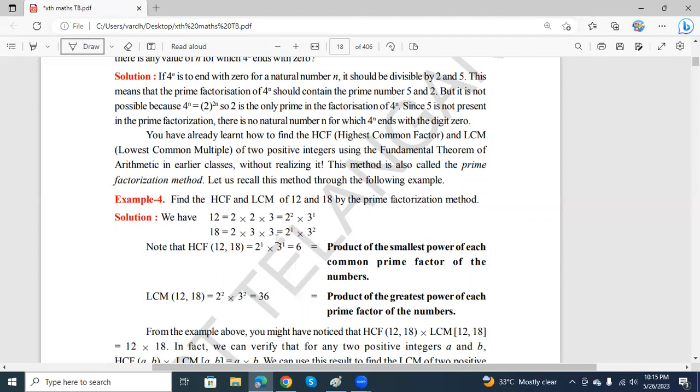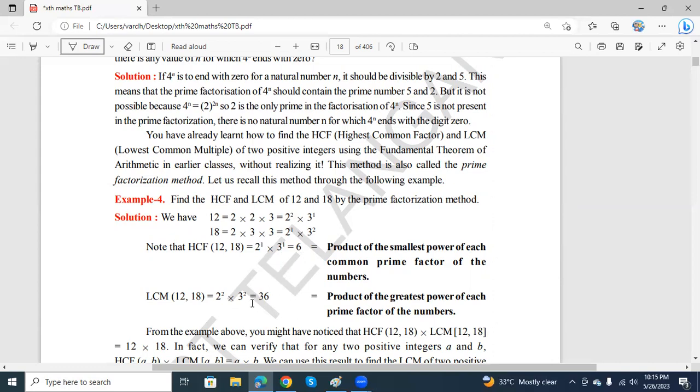So 2 power 1 into, for 3 squared or 3 power 1, which is the smallest power? 3 power 1. So we will take this. We take the common factors available in both numbers with their smallest powers, not the highest powers. So 2 power 1 and 3 power 1 is nothing but 2 times 3, which is 6.